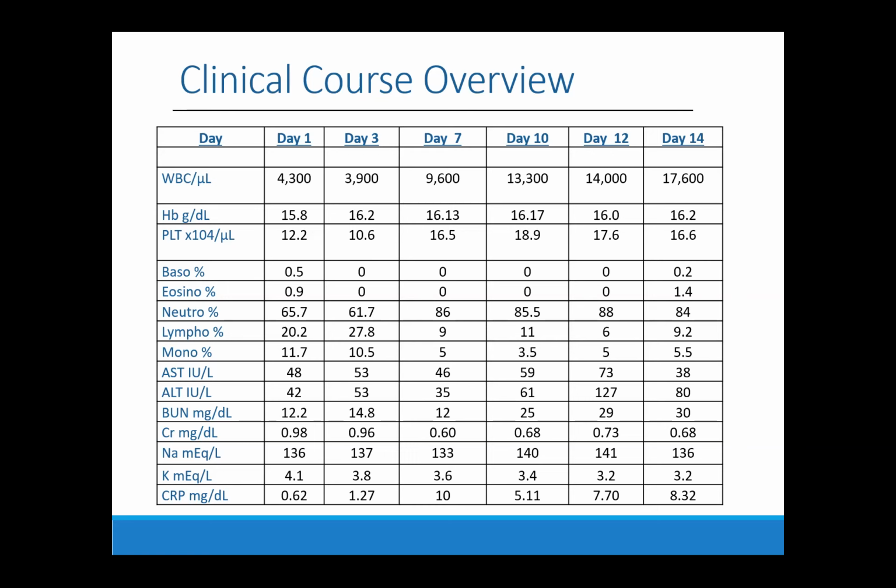He had a stable HB and platelets. The liver enzymes were fairly constant until the last days when they shot up in keeping with severe sepsis. The renal function was also intact, but the CRP really shows how septic the patient was becoming. Next, please.